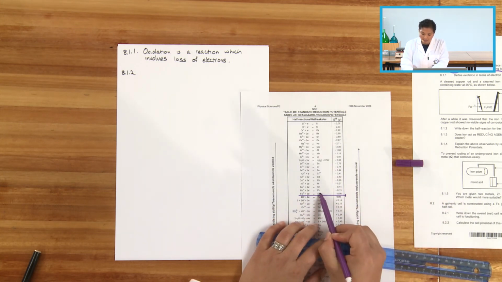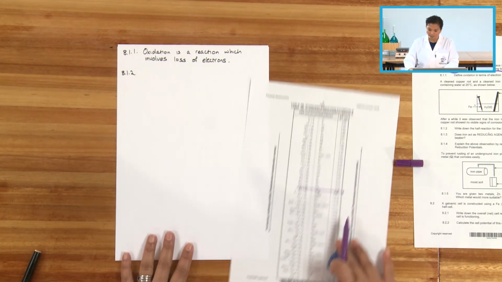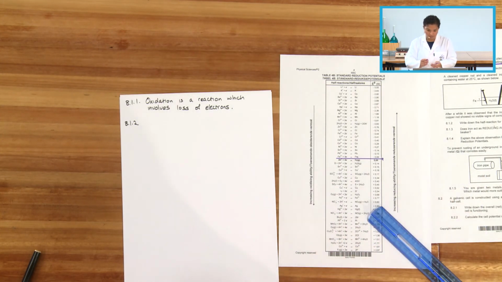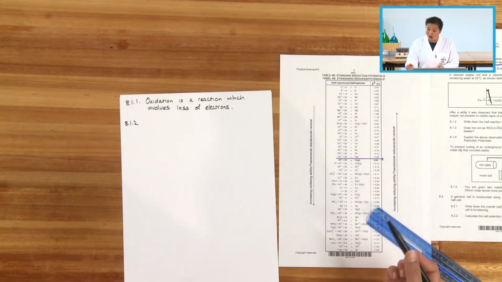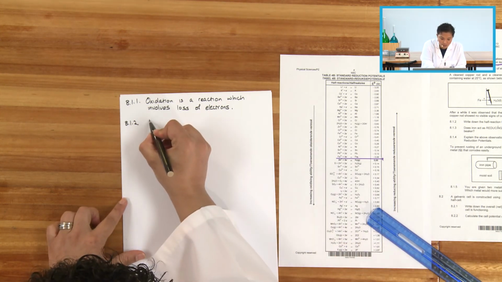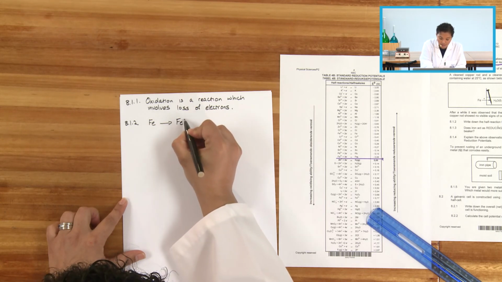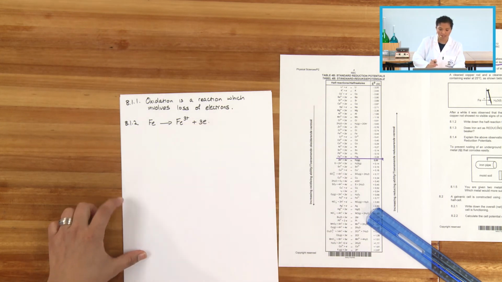We've got iron metal, and through rusting, it forms iron 3 plus ions. So the reduction half reaction, so it's not a reduction half reaction. It says write down the half reaction for this iron. So we know that we have got iron, and it reacts to form iron 3 plus because it's rust and loses 3 electrons.